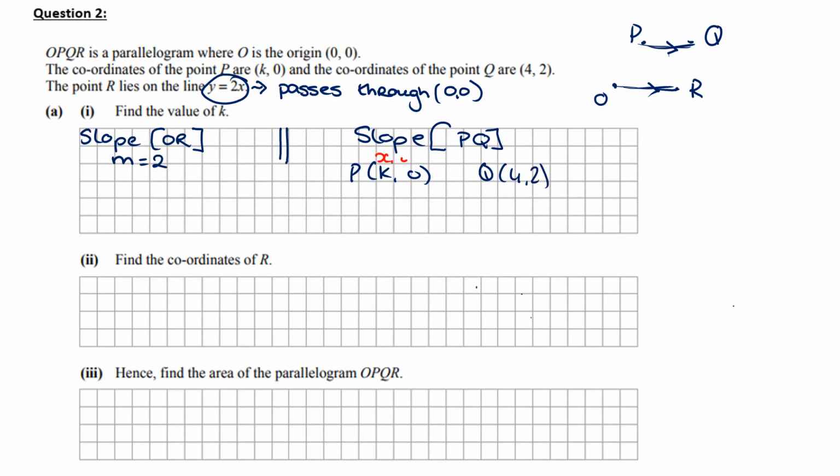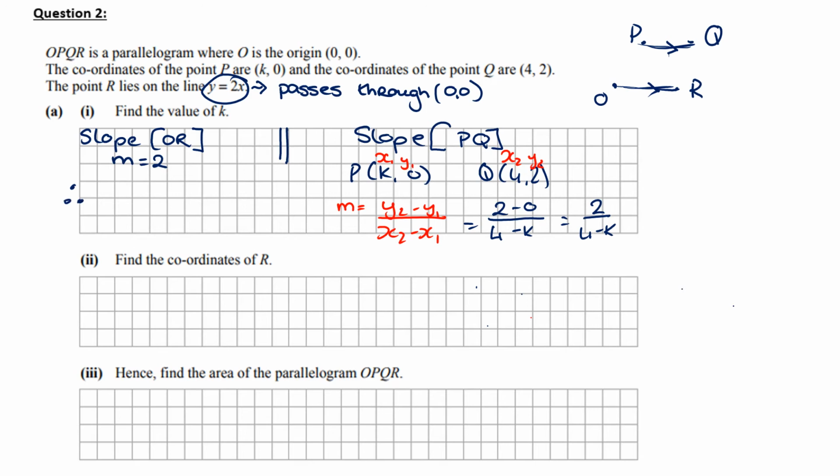So this is x1, y1, x2, y2, and the slope formula, which is on page 18, is y2 minus y1 over x2 minus x1. So that's 2 minus 0 over 4 minus k, so that's 2 over 4 minus k. We know those two slopes should be equal.